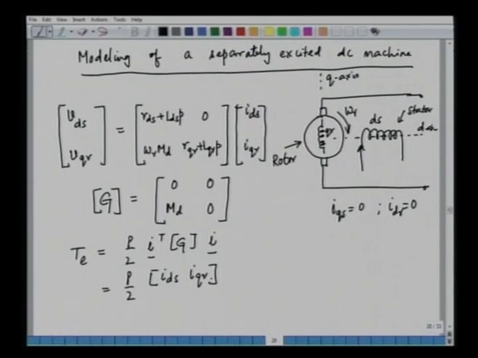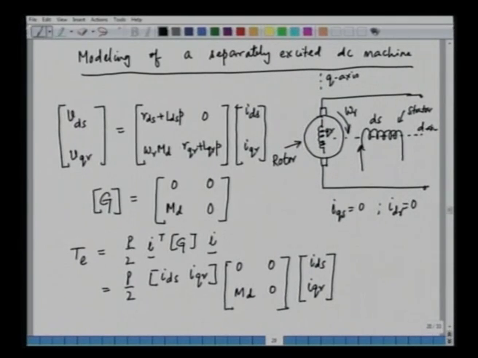This will be a row matrix. I is a column matrix, and if you transpose it, it will be a row matrix. And then what is the G? This is the G matrix, and then we will post multiply with I. This is what we have.